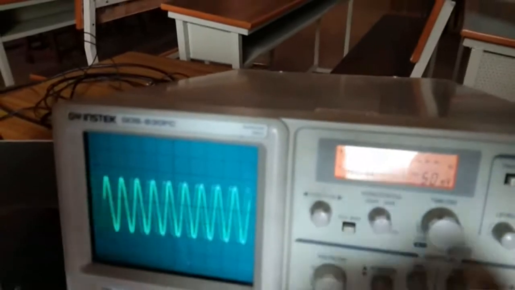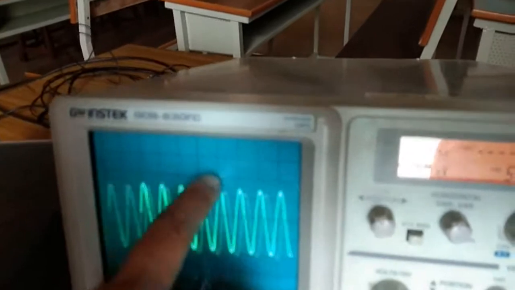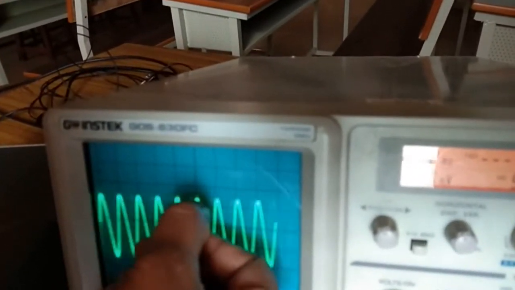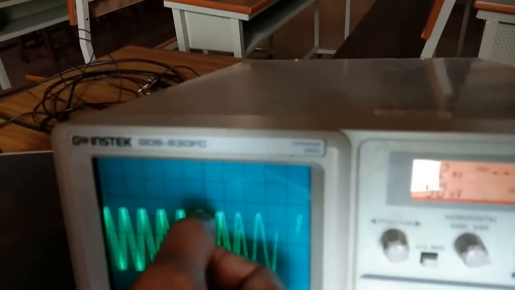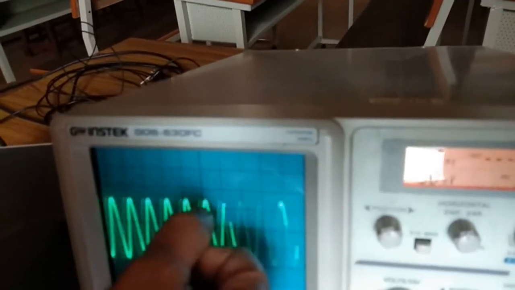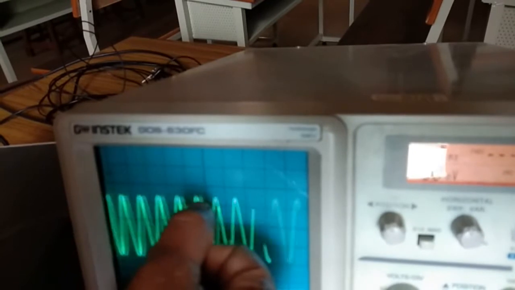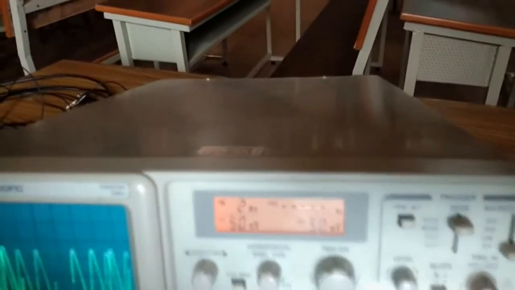So 3 blocks plus 2 slots is almost 3.4. We are measuring this output at channel 2, which is set to 50 millivolts. So 3.4 into 50 millivolts is your output voltage.